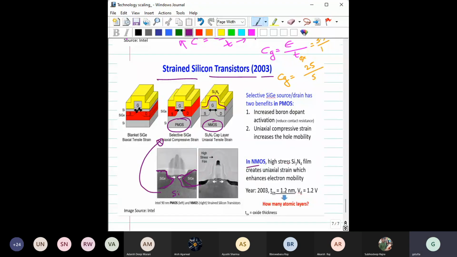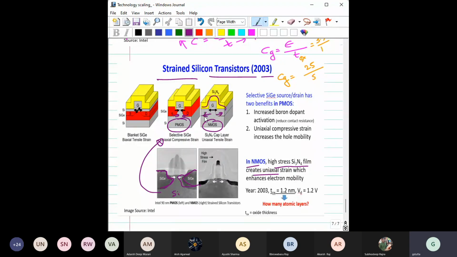You can see it here. High stress silicon nitride film they have deposited here. That will create a stress. So see here, the direction of stress is like this, right? It is basically a type of compressive stress on silicon. Compressive stress on silicon makes hole mobility higher. Tensile stress, on the other hand, on silicon makes the electron mobility higher, right?